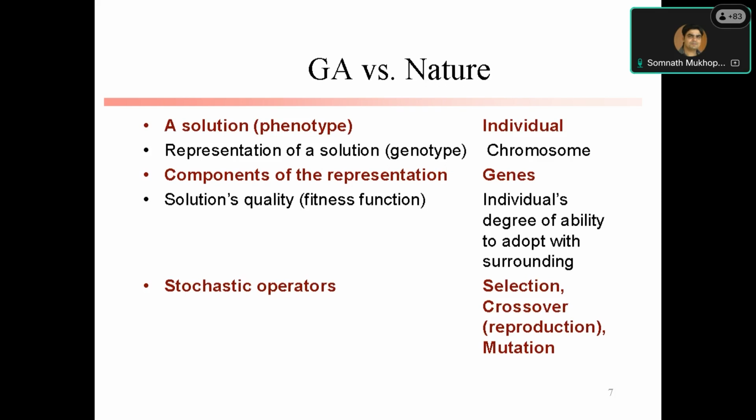This algorithm has some stochastic operations, which are random, the first being selection. The solution which is best, or has better fitness, will survive. Other solutions which are not so good will not be carried forward to the next iteration or generation.